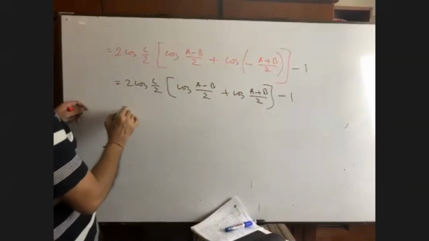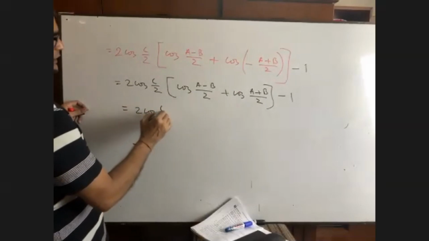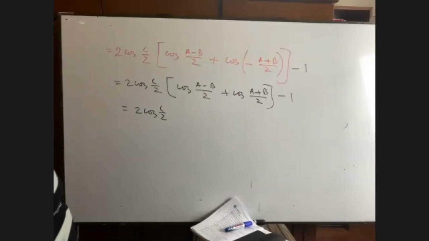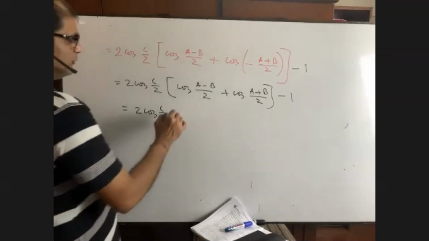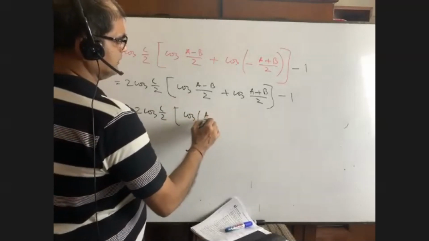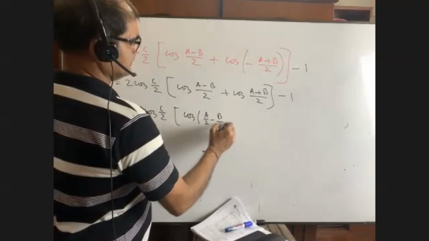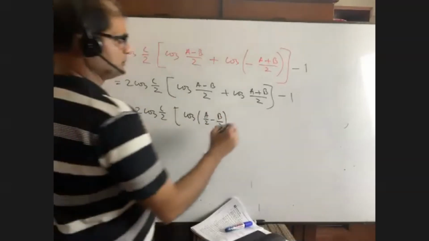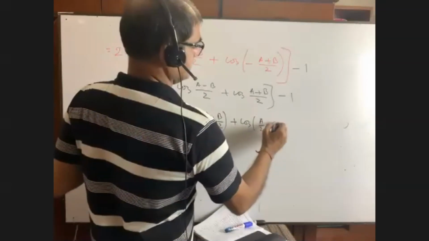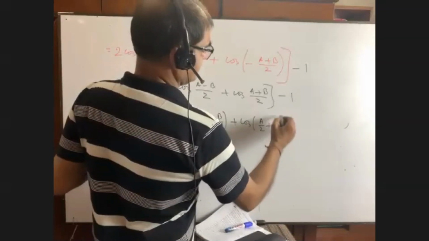Okay, now just let me know 2 cosine C by 2. What is the formula? Sir, 2 cos A by 2 cos B by 2... you know what was here? It was cos of A minus B plus cos of A plus B. Actually, the math is like this.